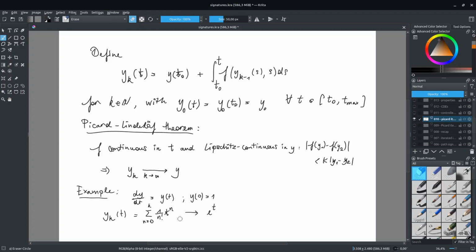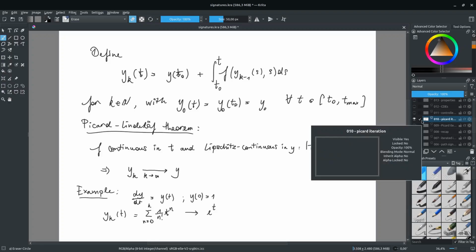And you may recognize this as simply the truncated series of the exponential function, and so as k goes to infinity, this converges to exponential of t, which is in fact the solution of the equation. And so you can think of this as simply building the Taylor approximations of the full solution.